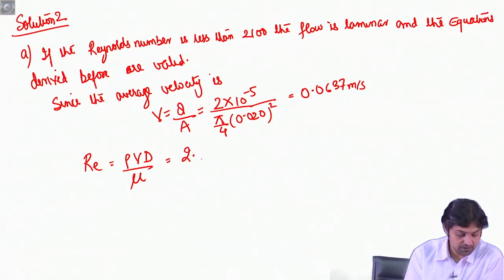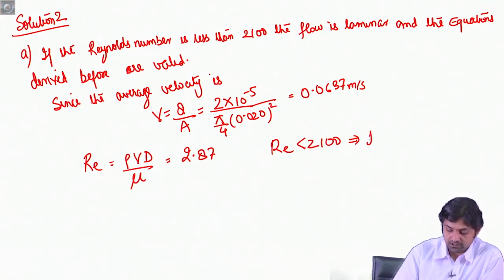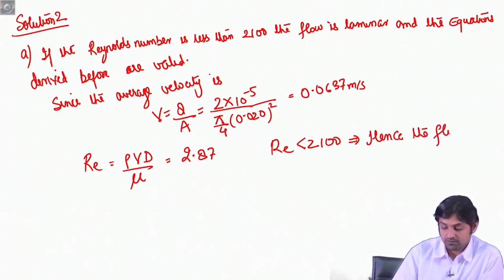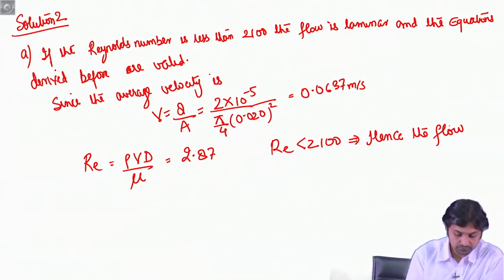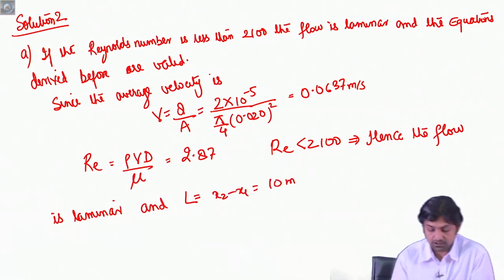With this velocity we get a Reynolds number of 2.87. This Reynolds number is less than 2100, hence the flow is laminar and L is equal to x2 minus x1, which is 10 meter.